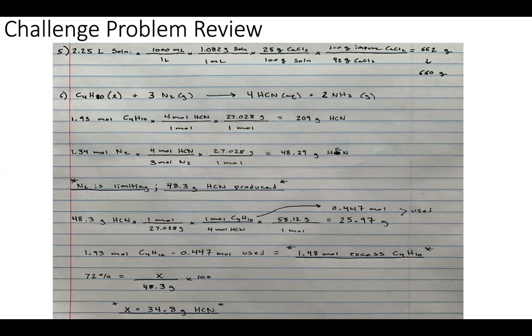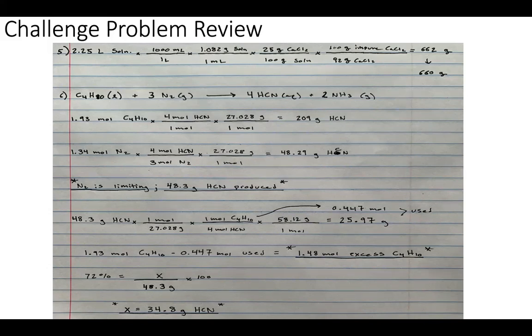Number 6, so this is your equation written out. We have liquid butane. When you write this equation out, all of your states of matter should have been in there. Your equation's technically wrong without all your states of matter. So it should have been butane in the liquid state plus 3 diatomic nitrogens. Remember, nitrogen gas is diatomic, and it's in the gaseous state.